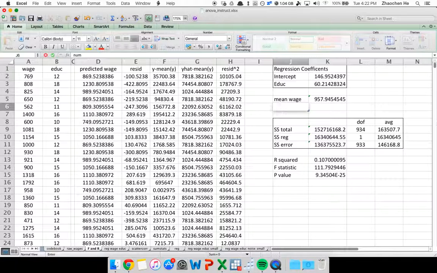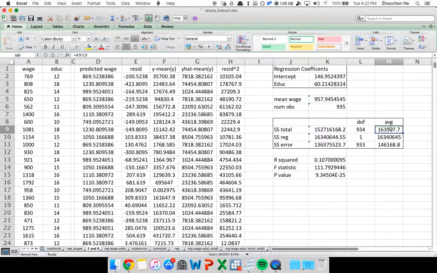So let's count the total number of observations that we have. I'm going to put a calculation in here for num_obs. I'm going to say this is equal to the count of column A. Okay, so we have 935 observations. Now, the number of degrees of freedom corresponding to the sum of squares total is simply the number of observations minus 1.